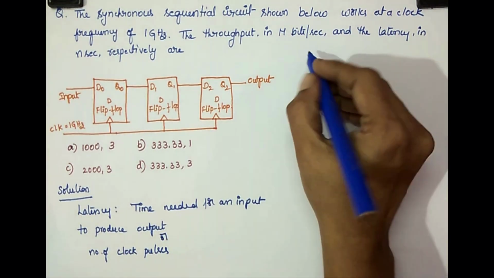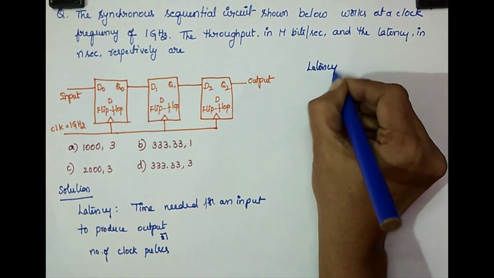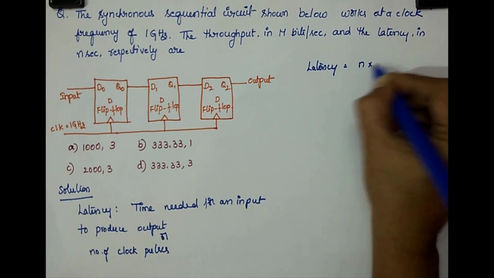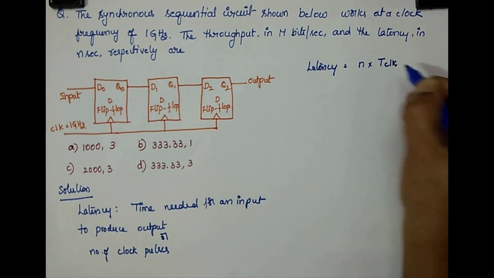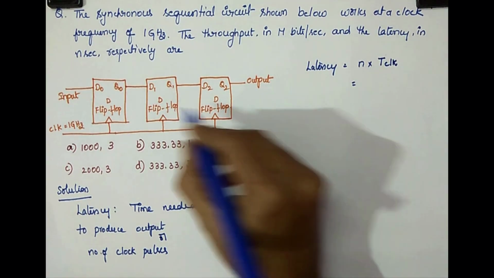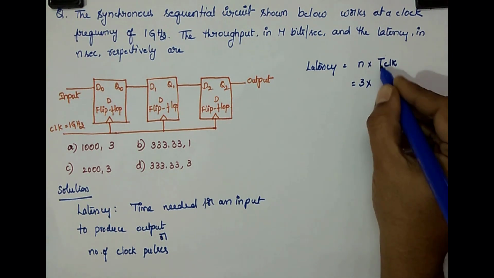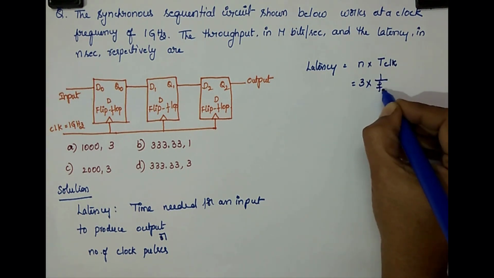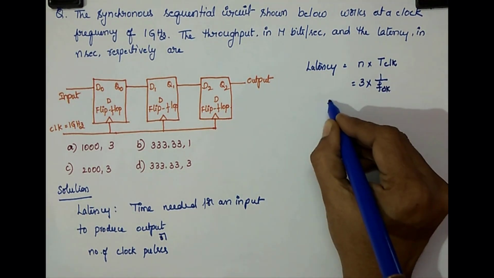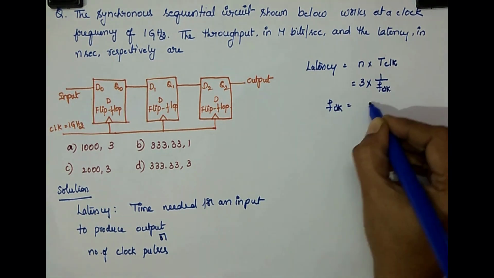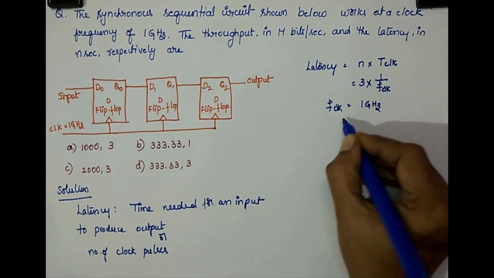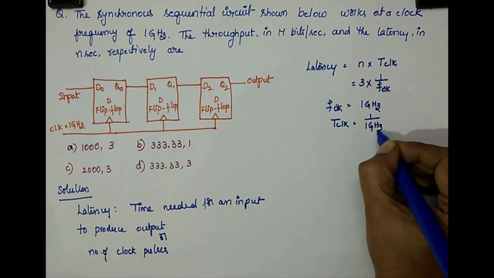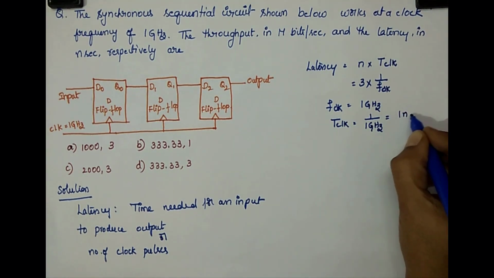So what is the latency? Latency is simply n into T clock. What is n here? Number of flip-flops, or 3. What is T clock? T clock is the duration of the clock pulse. T clock is nothing but 1 by f clock. What is f clock here? It is 1 GHz. So what is T clock? 1 by 1 GHz, so it is nothing but 1 nanosecond.